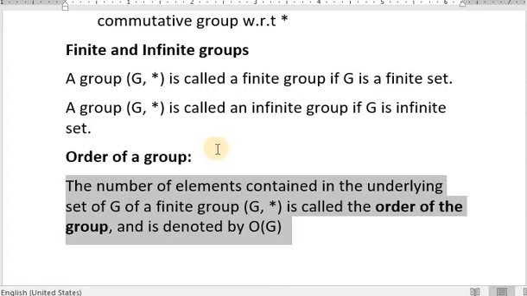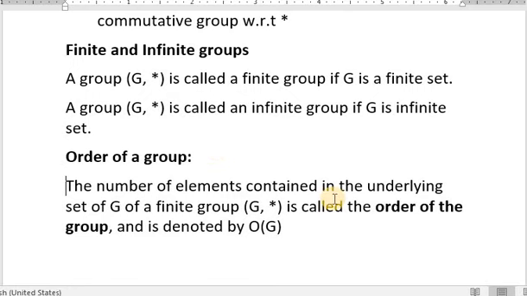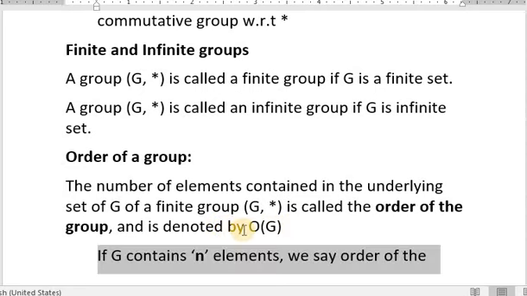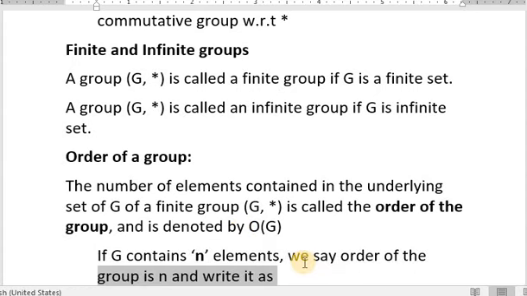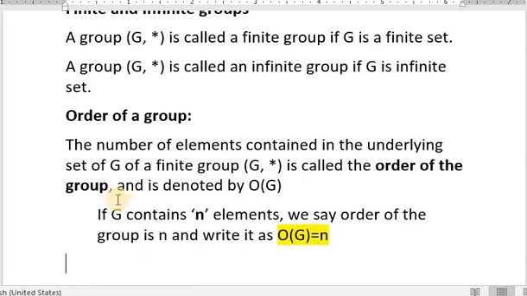We define it as the number of elements contained in the underlying set G of the finite group G star, and that is denoted by order of G. If G has n elements, then we say that the order of the group is n, and we write it as order of G is equal to n.